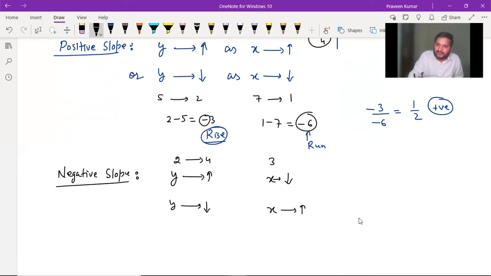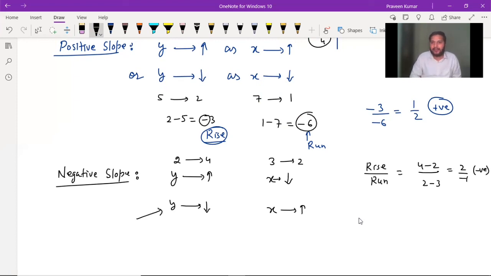This decreases 3 to 2. So change rise over run. You can clearly see rise is 4 minus 2, run is 2 minus 3. It will become 2 by minus 1, which is negative. Okay. In this case, you can analyze on your own, right?